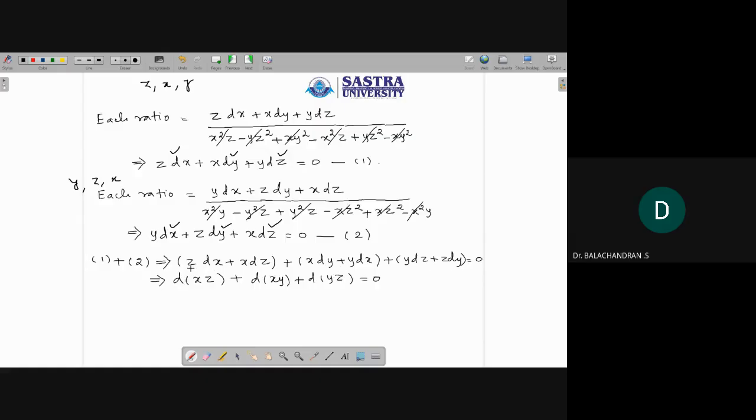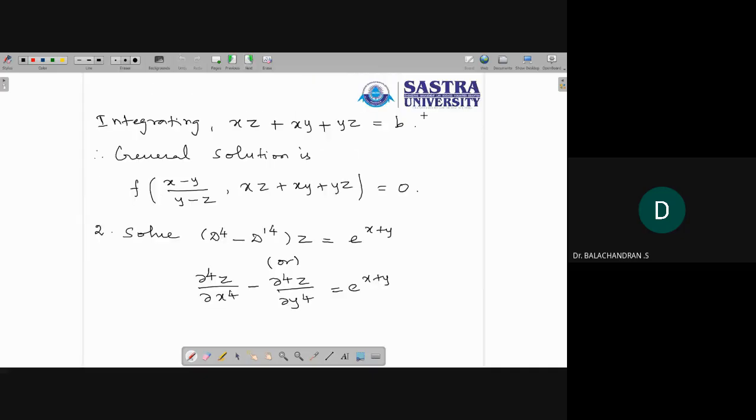So you can write this one as the differential of x into z, this one as the differential of x into y, and this one as the differential of y into z. If you integrate, you will get xz plus xy plus yz equal to some constant, that is b. So this is b of x, y, z. So the general solution is f of u, v equal to 0. This is u, this is v.